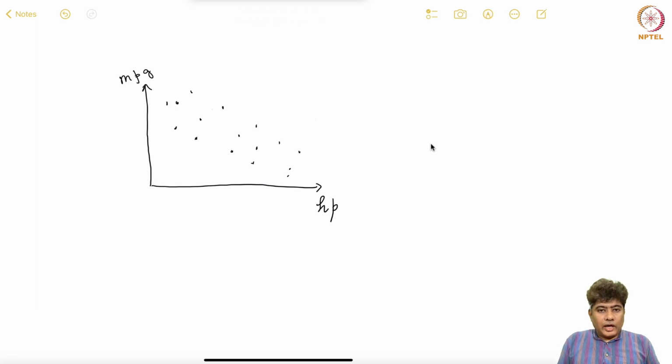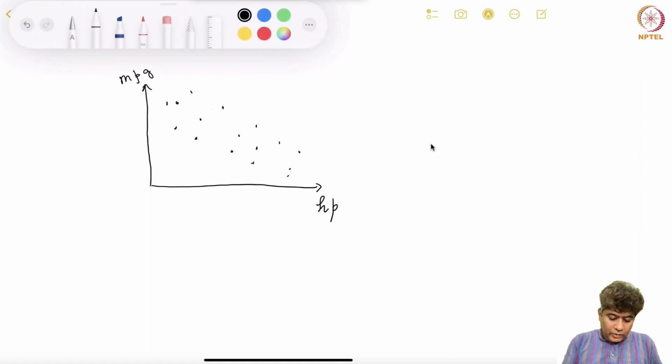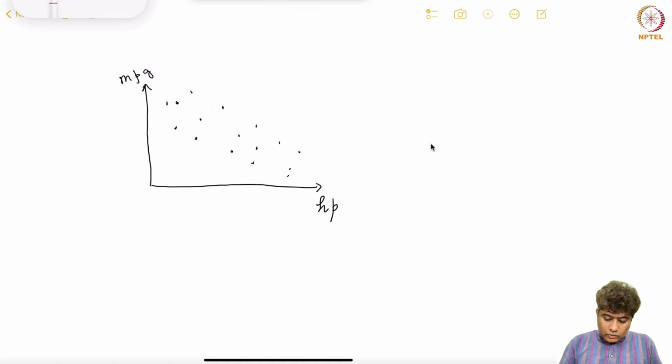Now suppose we have a prototype car for which we know the horsepower is somewhere here. This is the horsepower. The question is, if this is the horsepower, then what could be the miles per gallon based on this data set?